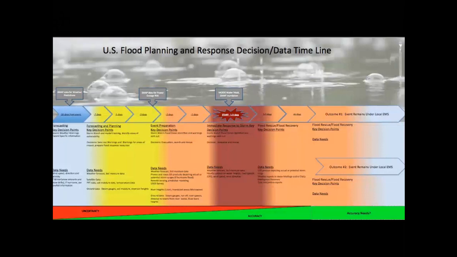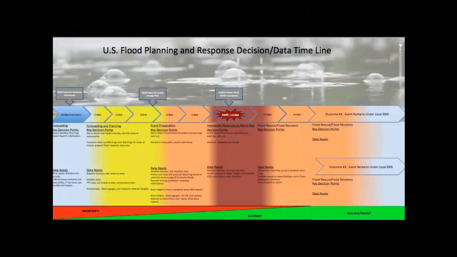There's a decision process and a data timeline where flood managers and risk assessment people within the flood industry use data. And so right now what we're doing in applications is mapping out where does SMAP fit in the decision timeline of flood management, and where does the uncertainty and the accuracy really trade off?